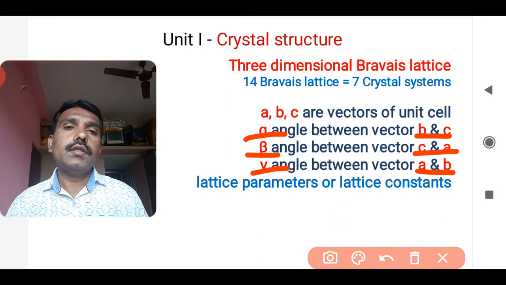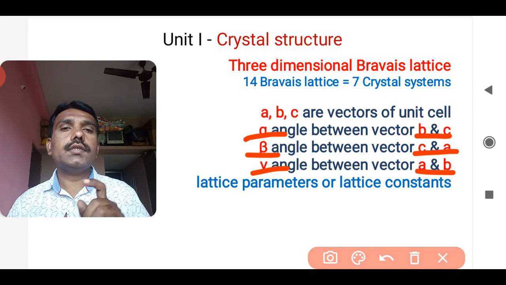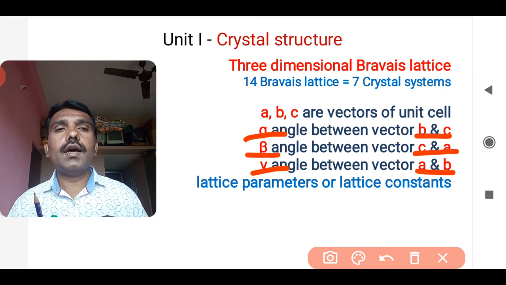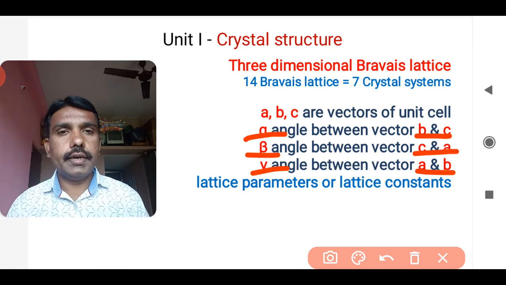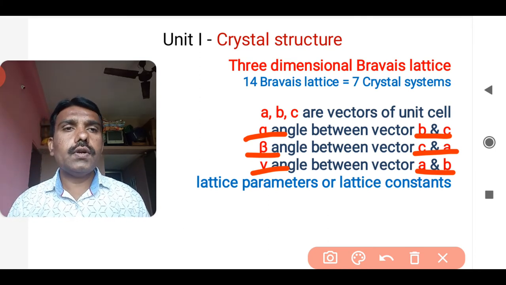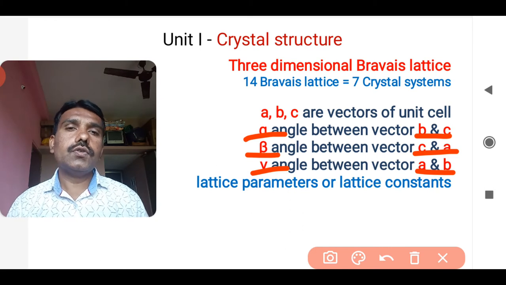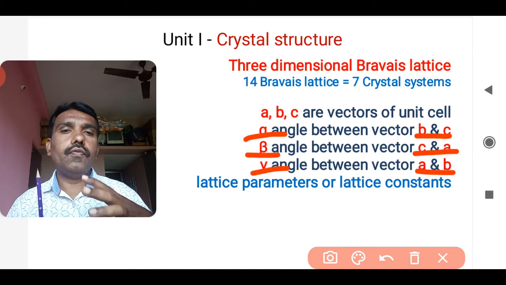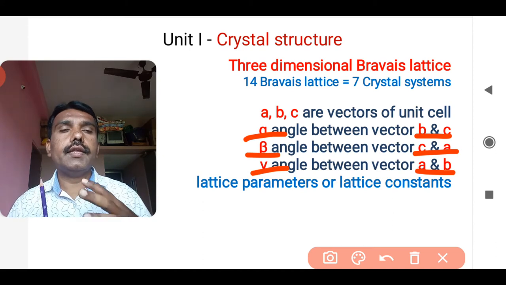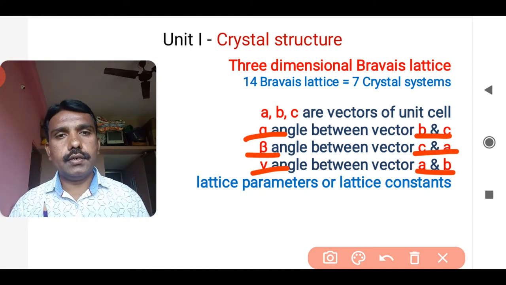These angles and the lengths of these vectors define how the lattice is formed. In the three-dimensional case, the three vectors form the unit cell, and that unit cell continues throughout the lattice.